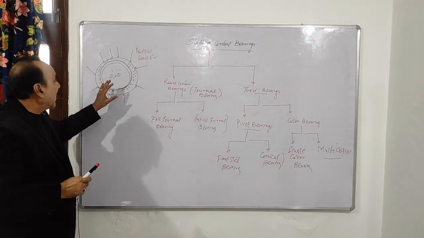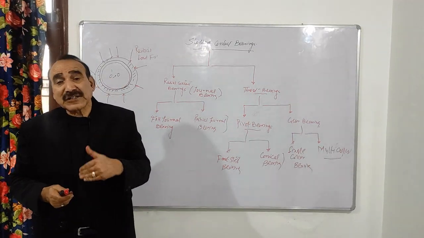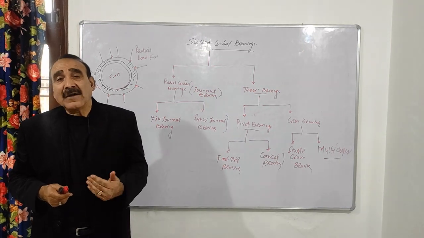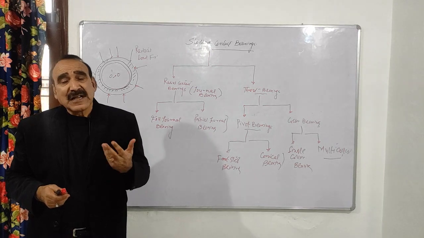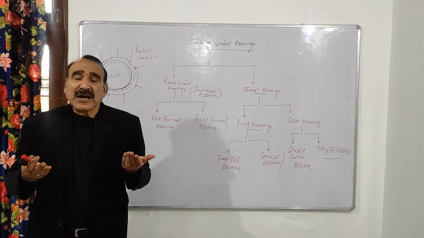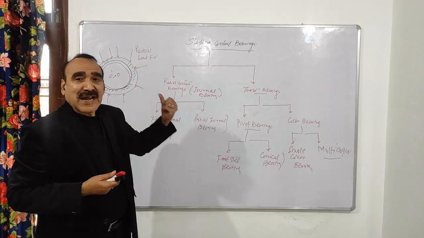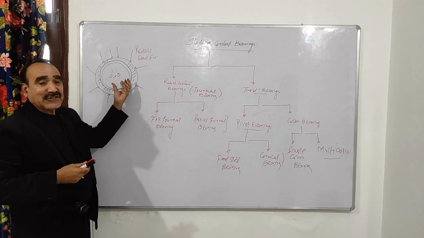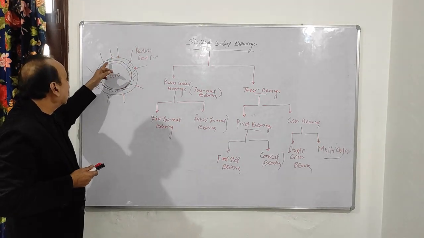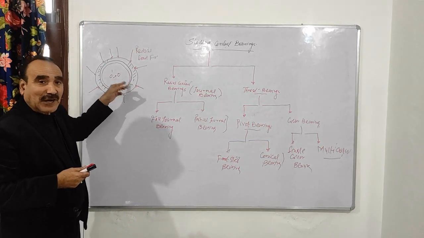So you can say either the sliding motion is along the circumference of the circle or along the arc of the circle, right? And the load which is acting on this is acting in the radial direction, perpendicular to the axis of rotation of the shaft.